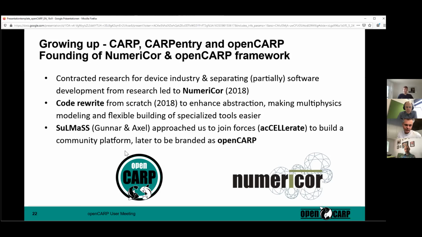Gunnar, I know since ages, and he's a very good modeler, and I have a lot of trust in him. So we were pondering whether it makes sense or not. At some point, we decided, okay, let's give it a shot. And this is when we started openCARP.